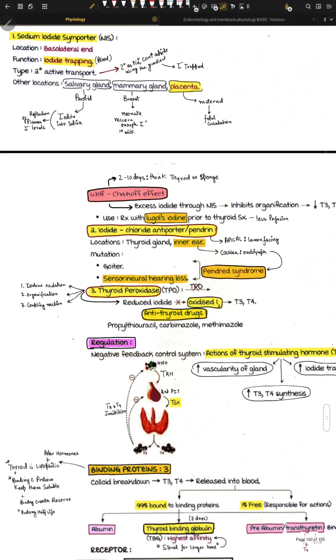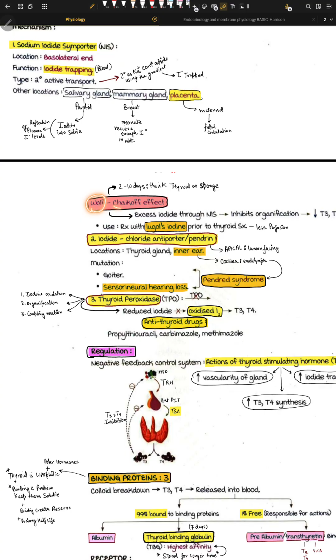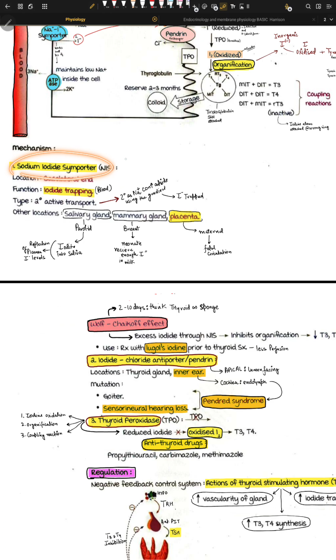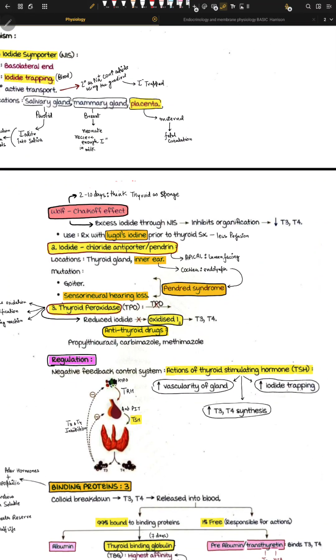Okay, let's talk about the Wolff-Chaikoff effect. Now what happens in this Wolff-Chaikoff effect is that there is excessive iodine through NIS, right? So there is a gain of function here. Once there is a gain of function, excess iodine through NIS will come inside the cell. Now this will inhibit the organification of T3 and T4, right?